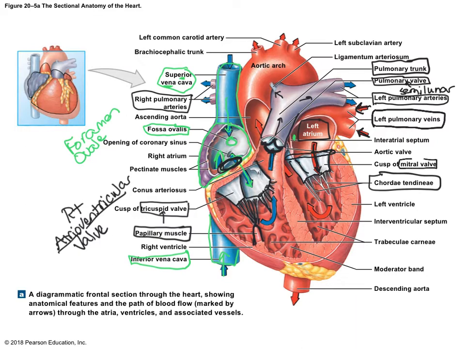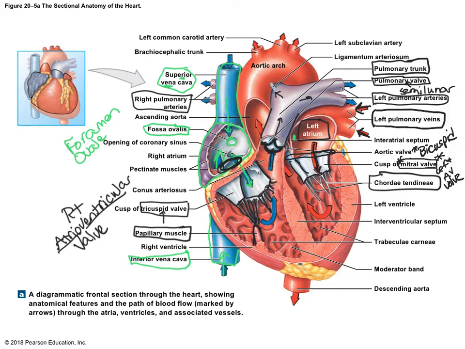We can call it the mitral valve. That is probably the most common one that doctors use. It's also called the bicuspid valve. So on the right there was a tricuspid, on the left there's the bicuspid. And we can also call it the left atrioventricular valve.